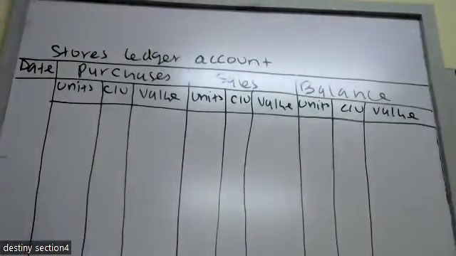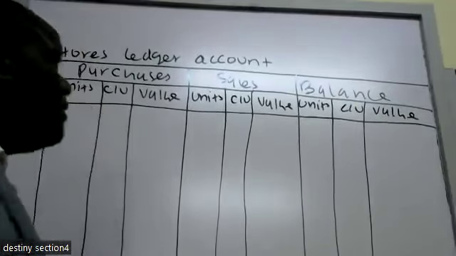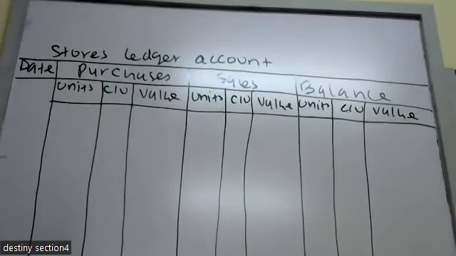So you have the units, the cost per unit, then the value, units, cost per unit, and also the value. Then the balance, where we have the units, the cost per unit, and also the value.